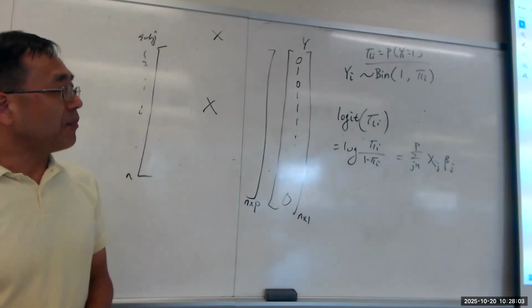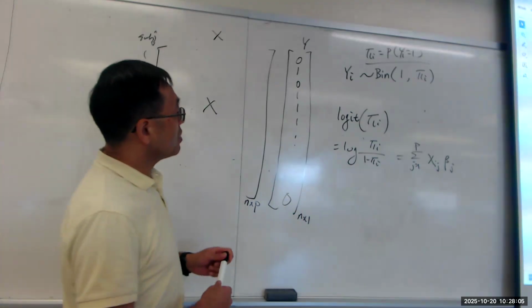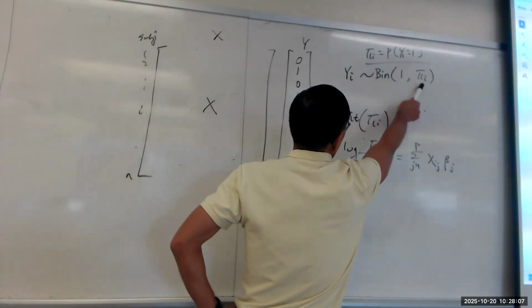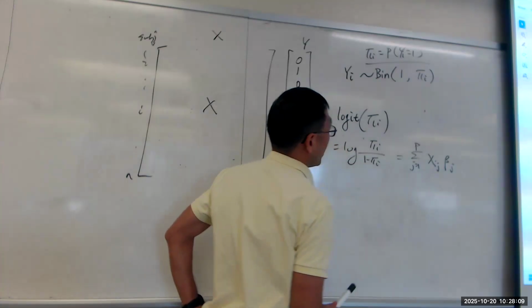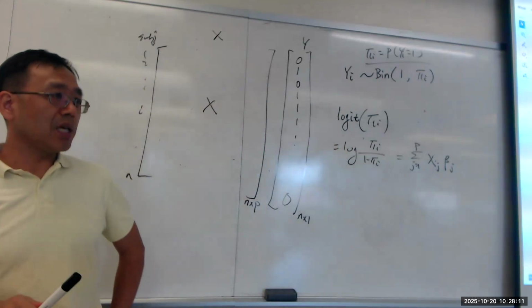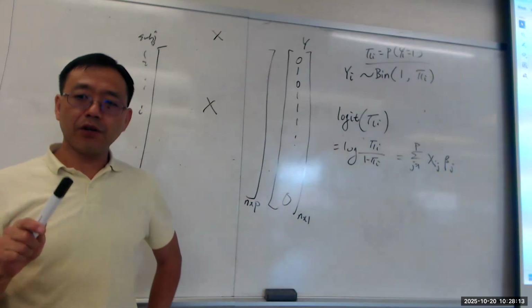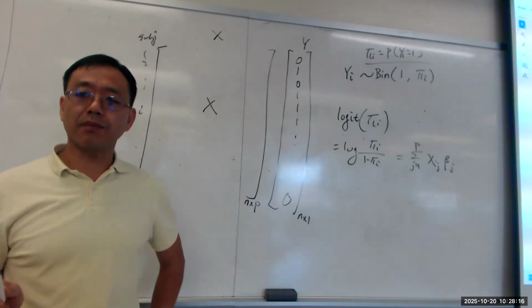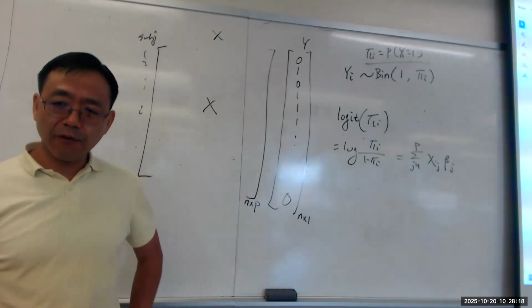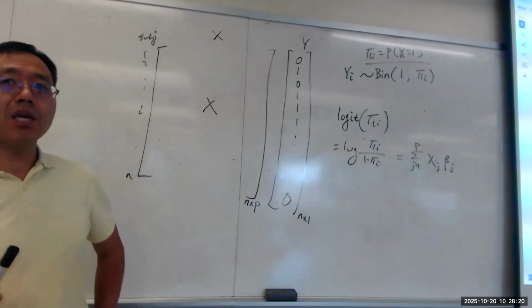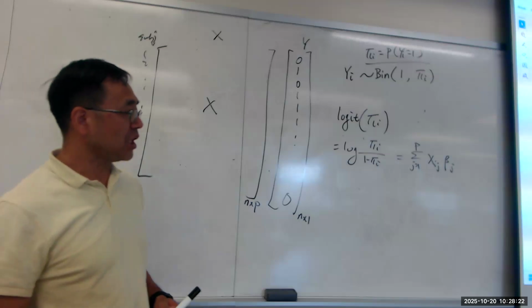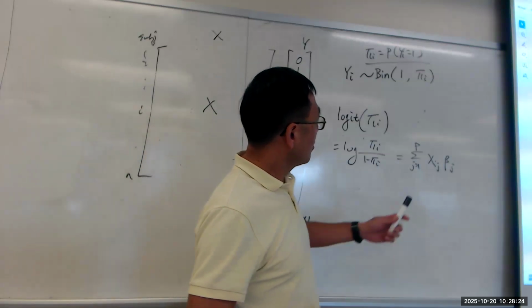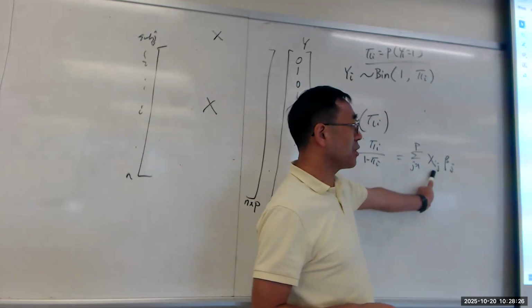Now, it's very important for you to recognize this is pi i. You have the subscript i here. The success probability is different for each subject, and that difference can be described, can be predicted, at least we assume, by the features xi.